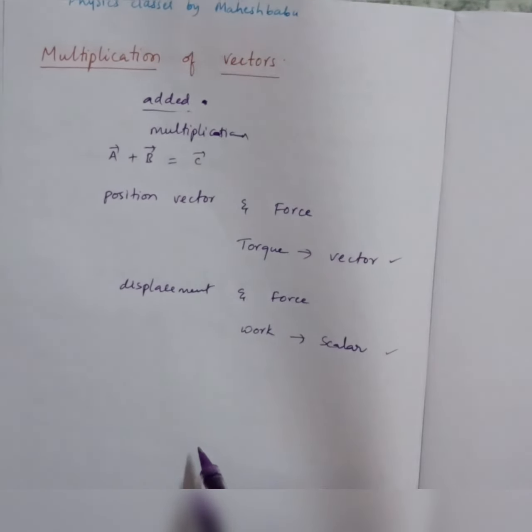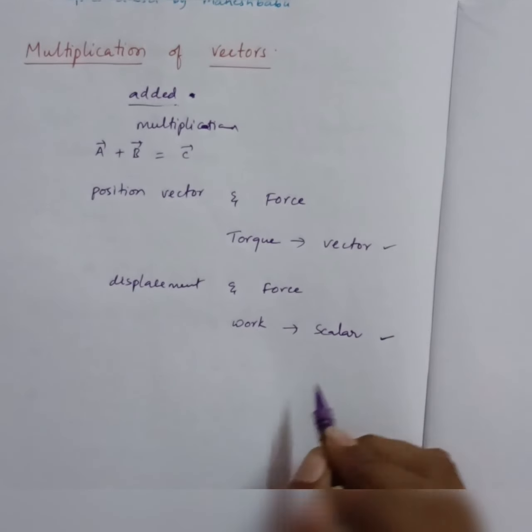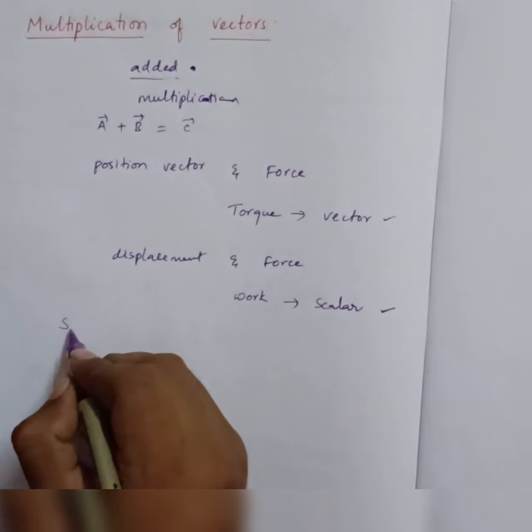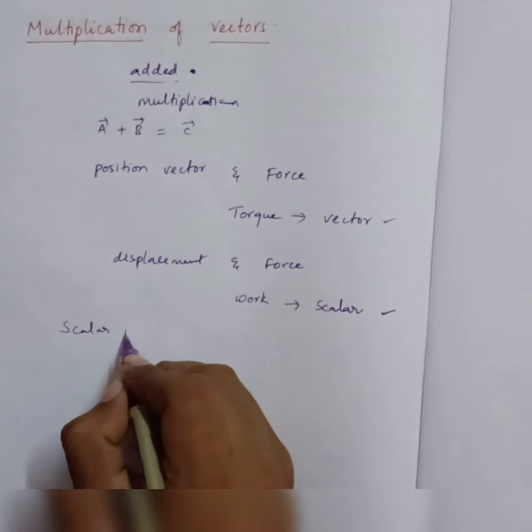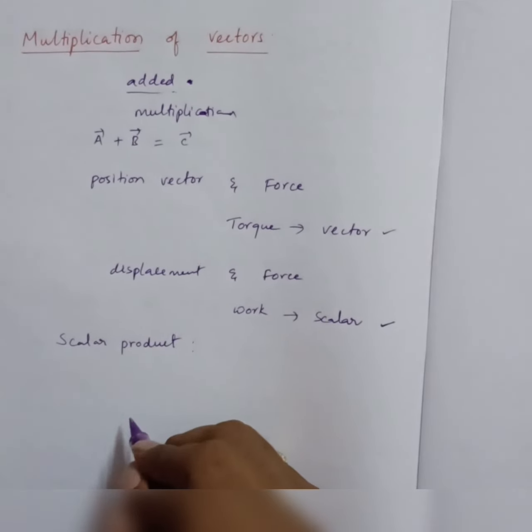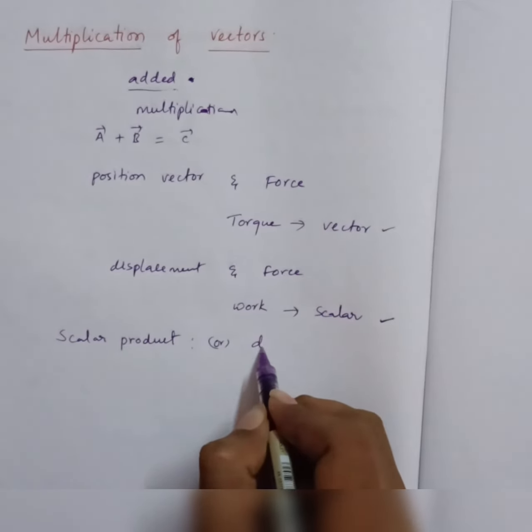Now if two vectors are multiplied and the result is a scalar, it is known as scalar product or dot product.